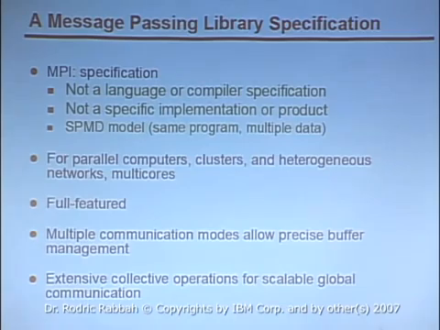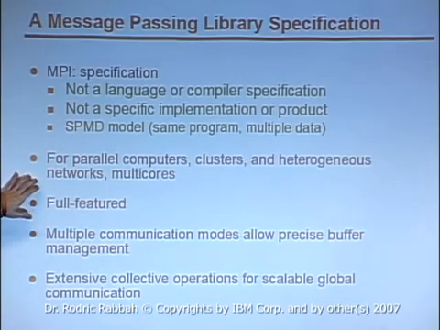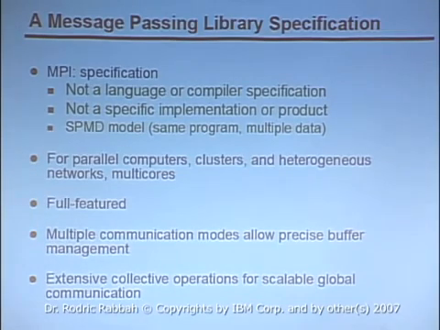It's really just a library that you can implement in various ways on different architectures. Again, it supports the SPMD model, same program, multiple data. And it works reasonably well for parallel architectures, for clusters, heterogeneous and homogeneous multi-cores. Because really all it's doing is giving you a mechanism to abstract out all the communication that you would need in your computation.